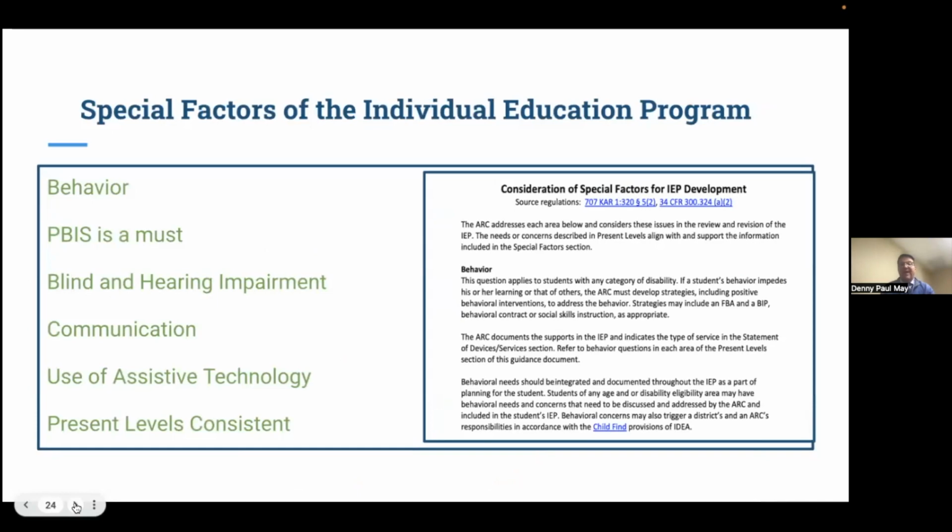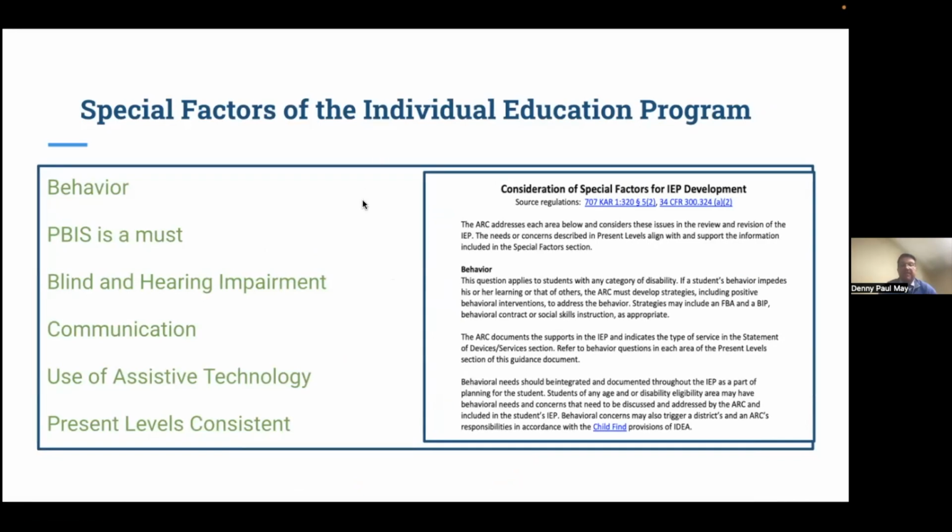This is the special factors piece. We know that lots of times when students have ADHD or the EBD, we'll forget to check the box of behavior as a special factor. That's a no-no. PBIS is a must.